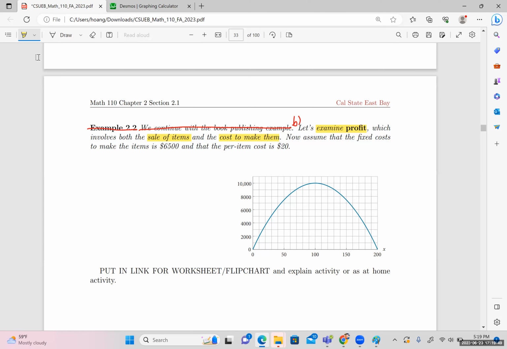So that means we need to get the cost function.